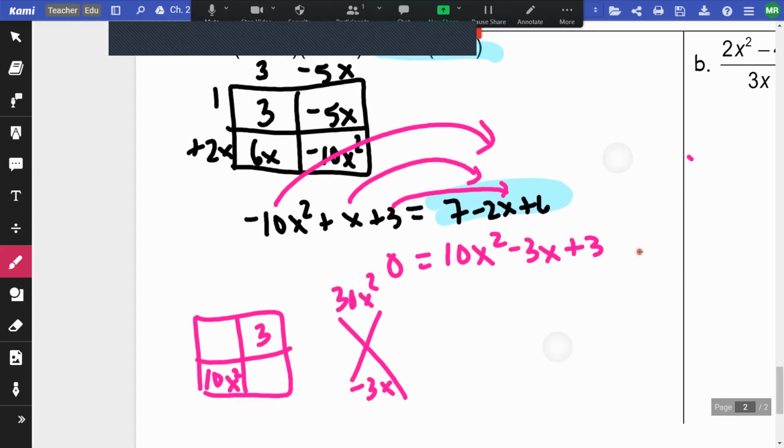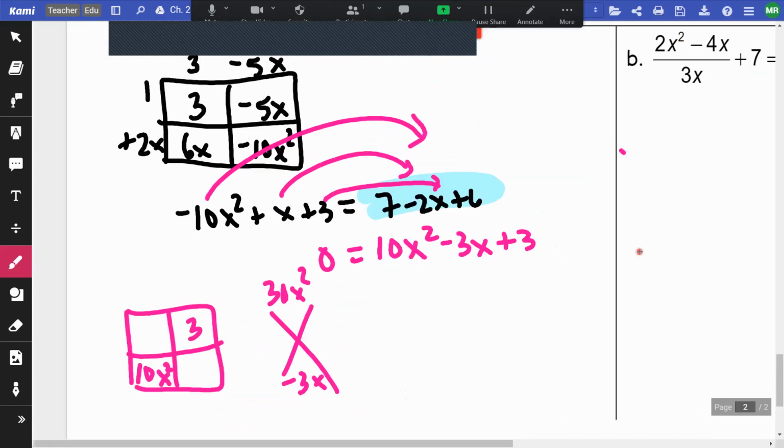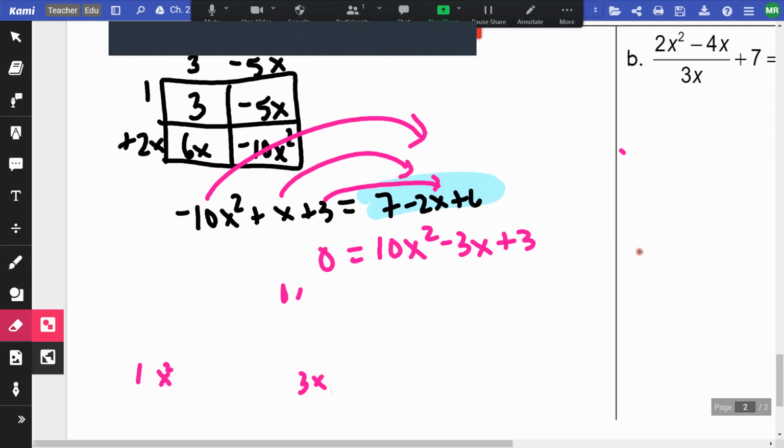So let me just double check my numbers here. So that is not going to be factorable because there's nothing that's going to multiply to a positive 30 and add to a -3. So I'm not going to use this method.